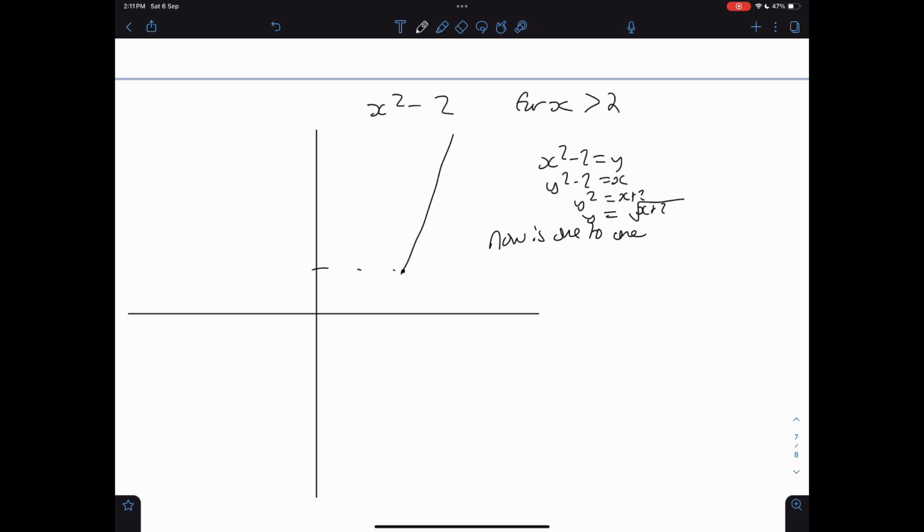And because we did greater than a number, it's the positive root. And then it would look a bit like that, and we have y equals x as the mirror line.